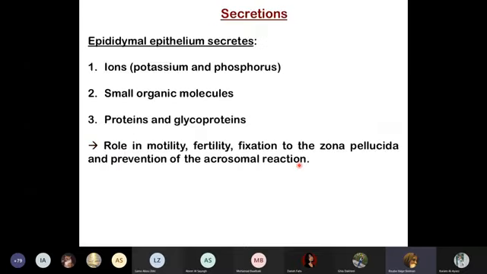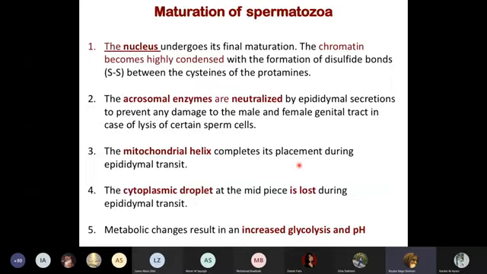Remember, we mentioned that when the residual body is removed, there will be a cytoplasmic droplet that remained in the sperm cell. And I told you last time that this cytoplasmic droplet will be lost during epididymal transit. This is one of the maturations of the sperm cell. Another maturation is that the nucleus will undergo more compaction or condensation.